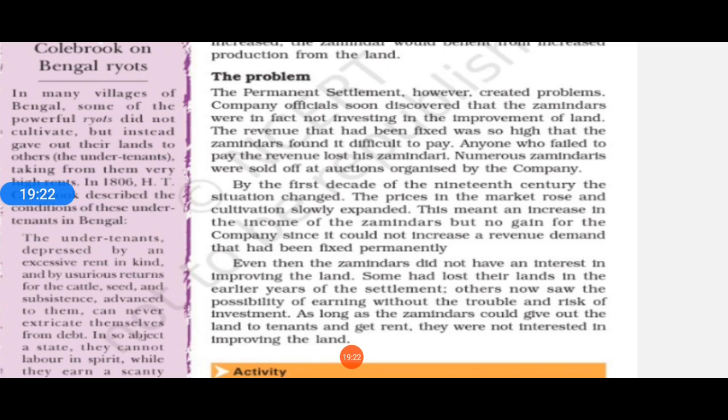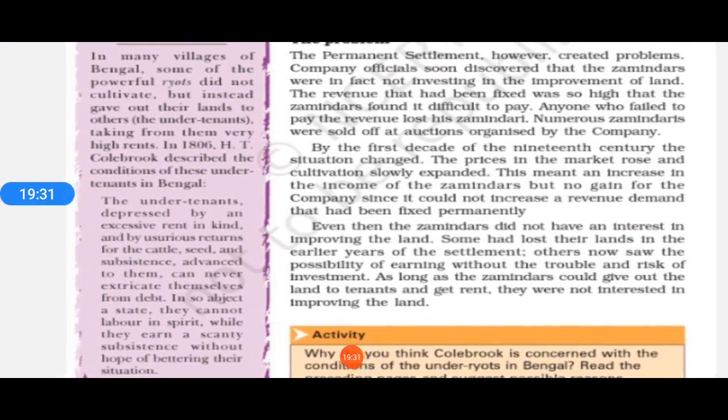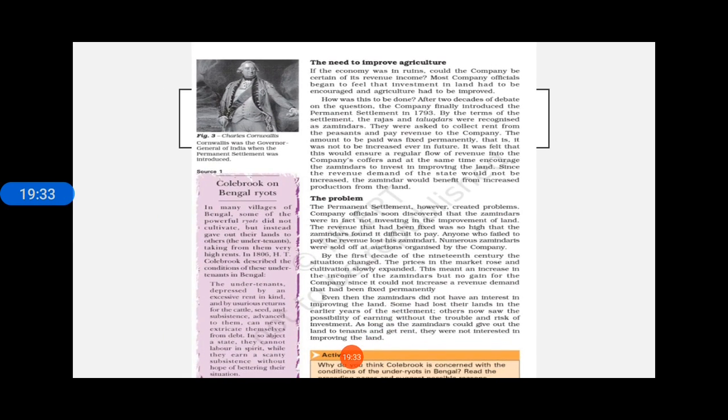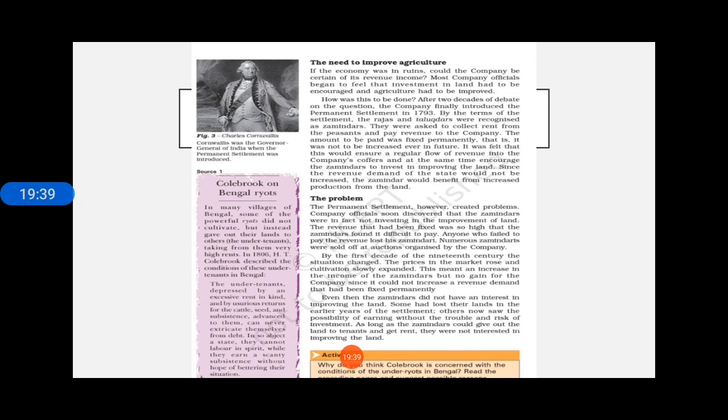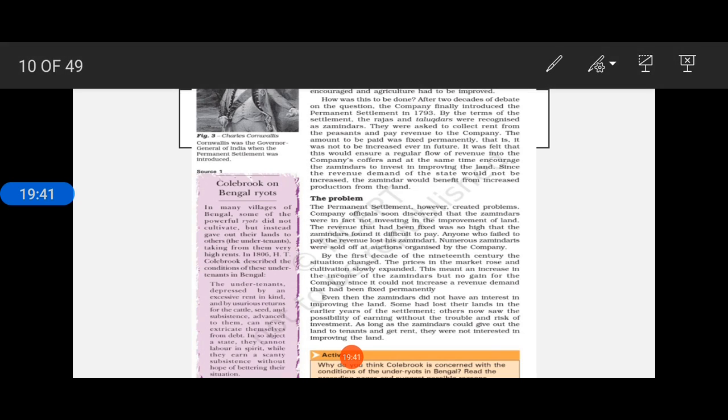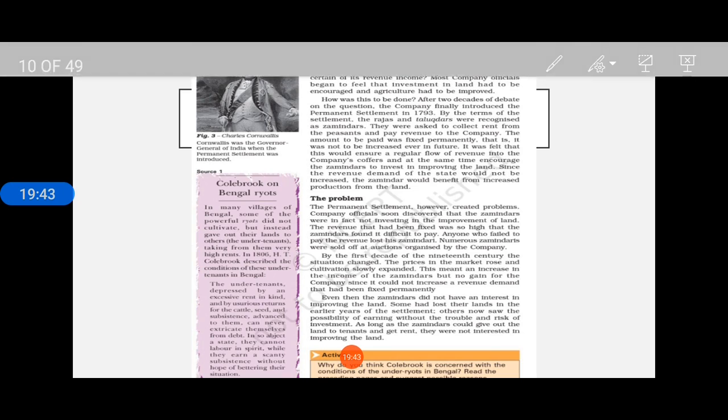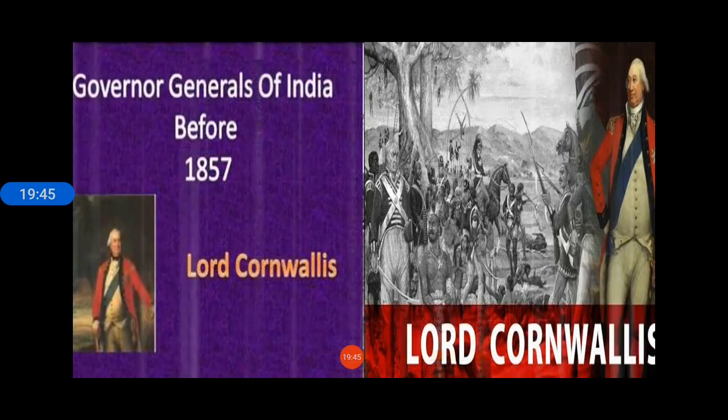Now in the first decade of the 19th century, the market prices also increased. Now we see the condition of the market. Here you can see Lord Cornwallis, the Governor General of India before 1857.